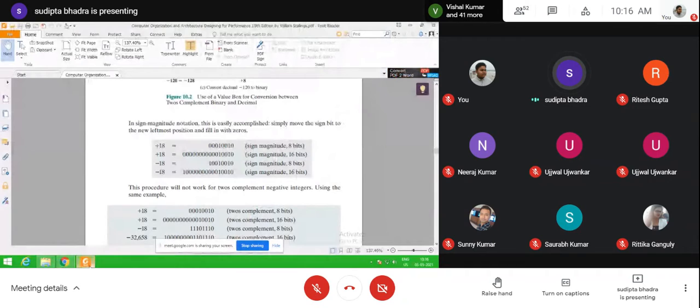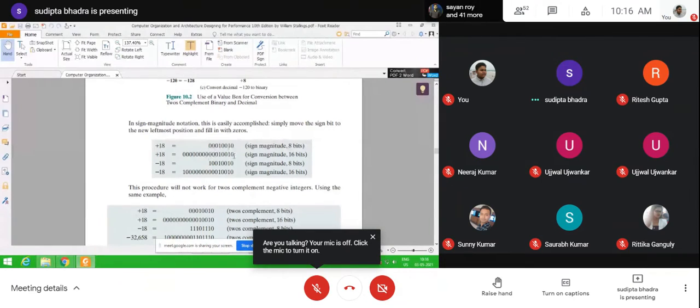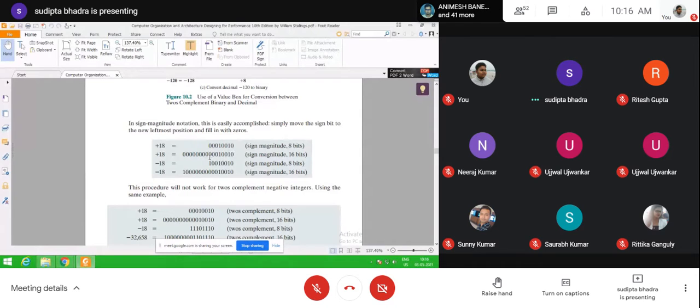You want to store it in 16 bit. So here you see that particular 18 from 0th bit to 7th bit, all the bit positions here, 8 bit through 16 positions are filled up with 0.